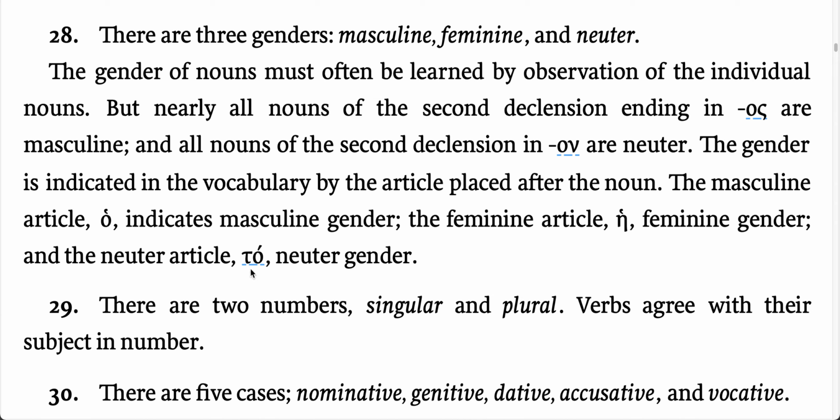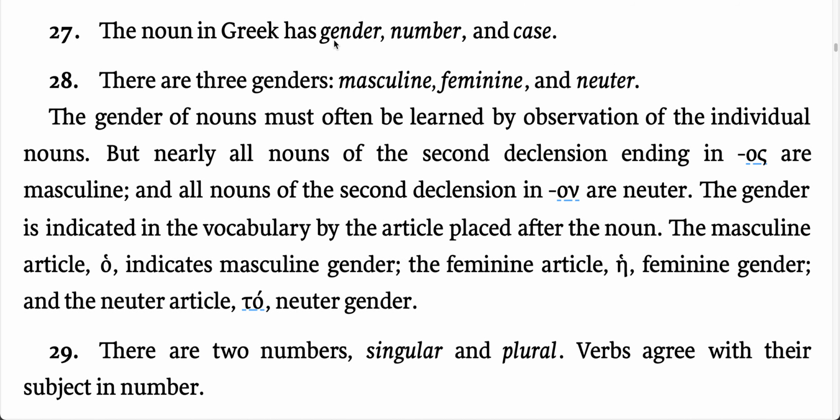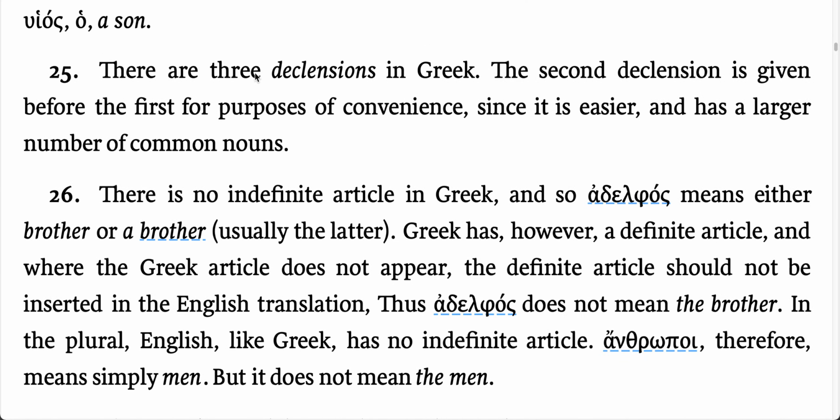If it's to with the accent mark there, that's neuter gender. So, in terms of gender, there's three different genders. And every noun has one of the three. And you just want to memorize which one is which. So, now I can take you to the vocabulary.